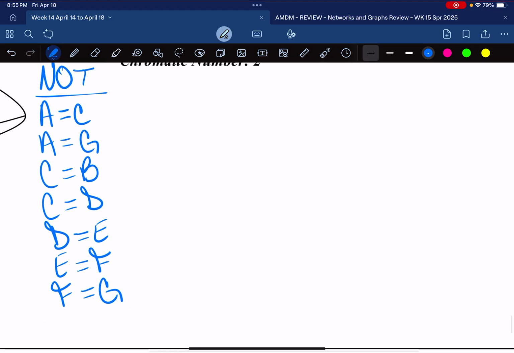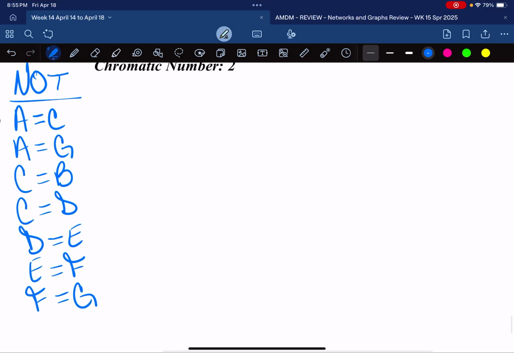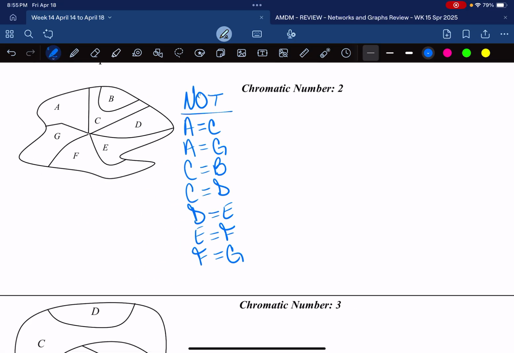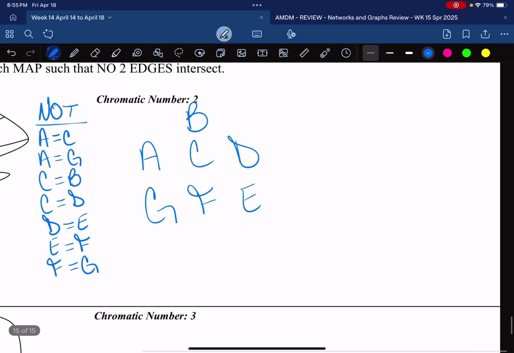So now we're going to make my shape. Even without looking at my graph, I want to know the layout because that's what I prefer. A, C, D, G, F, E, and B. Does it have to be in this layout?